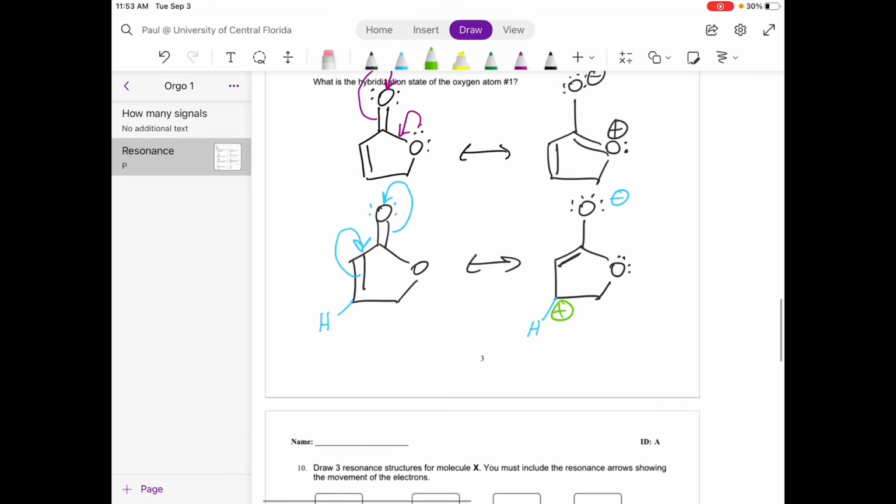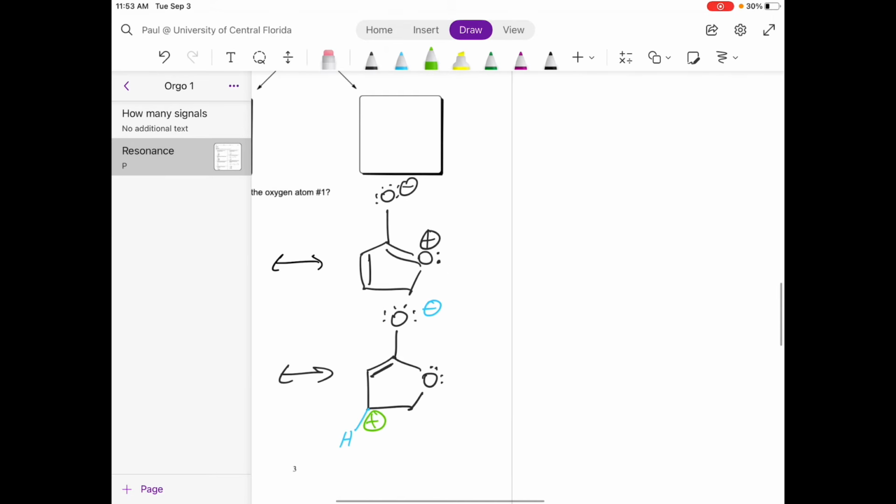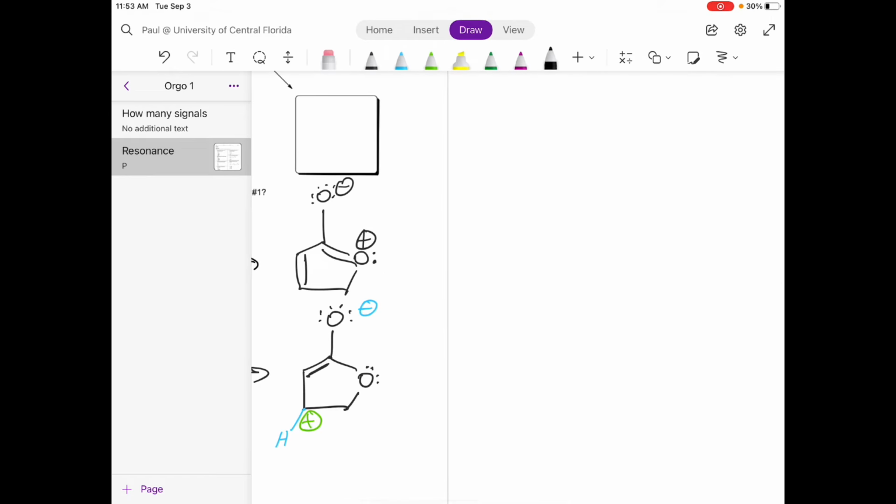We could also draw another resonance structure for this example here. What if we start with our original? There's our double bond. Could we have also drawn a resonance structure that looks at the carbonyl piece? And just the carbonyl piece, yeah.